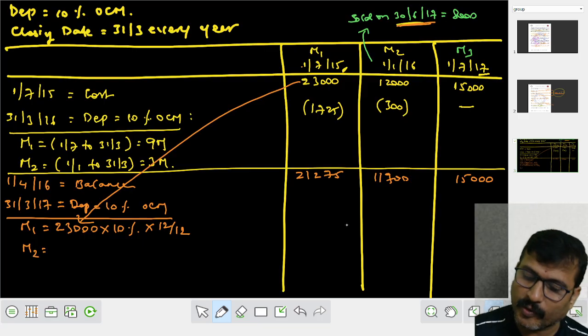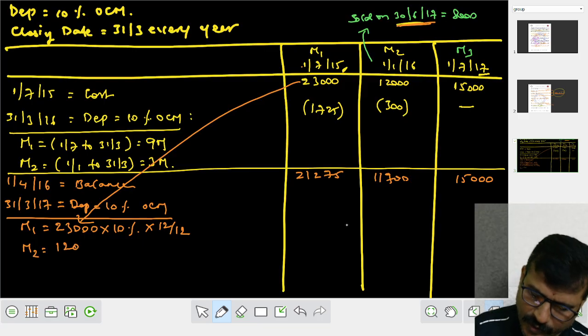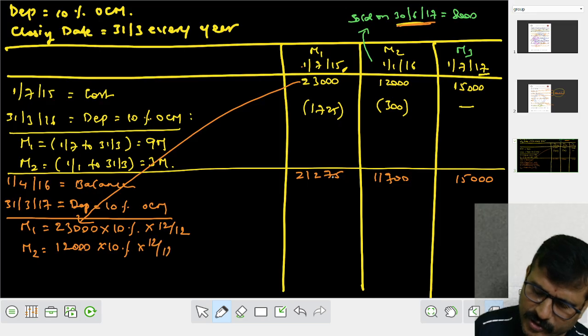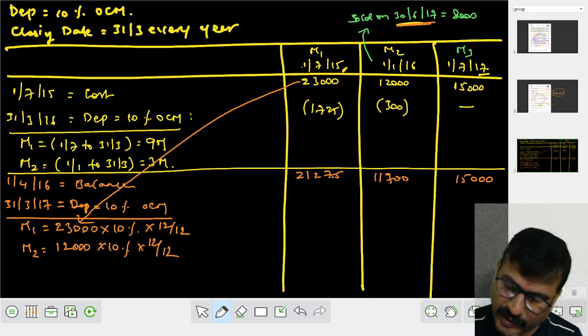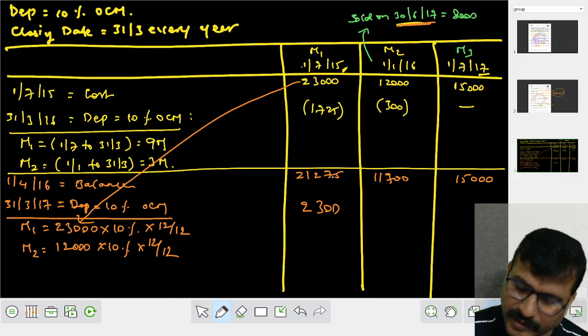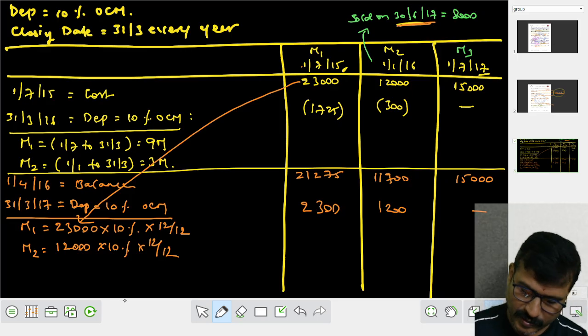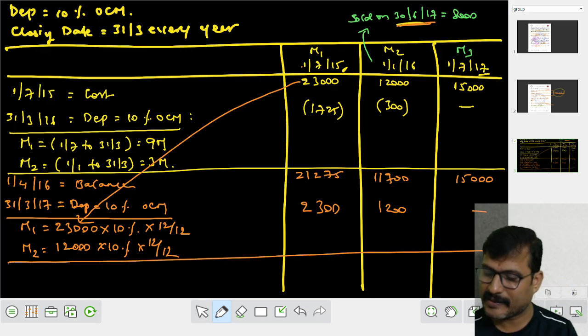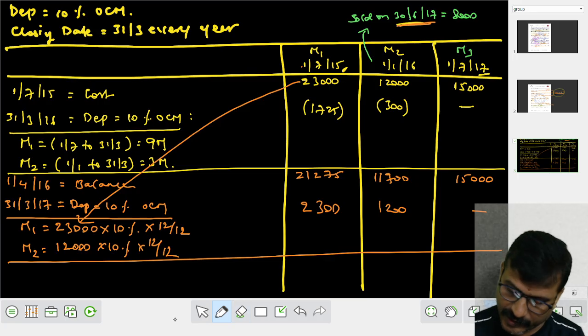For M2. M2 is what? Original cost is 12,000 into 10%. That is also an old machine, 12 by 12. What does it come to? 2,300, 1,200. Now let me write the balance. The balance comes on what date?